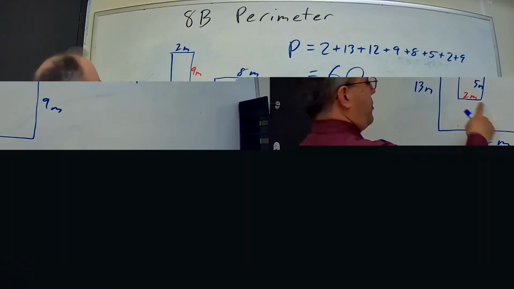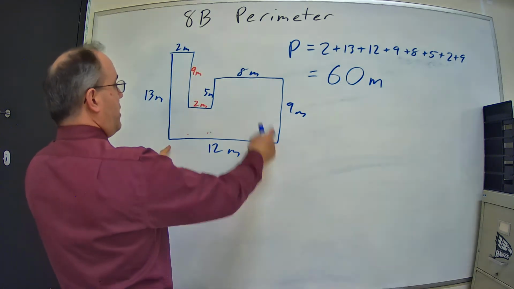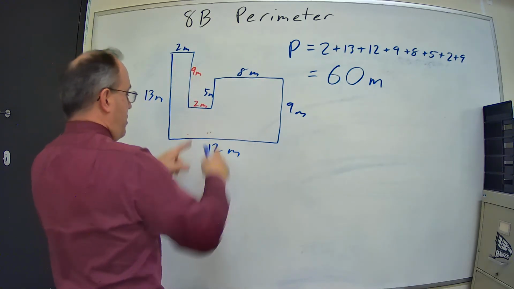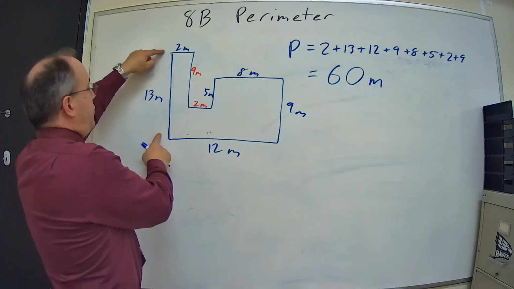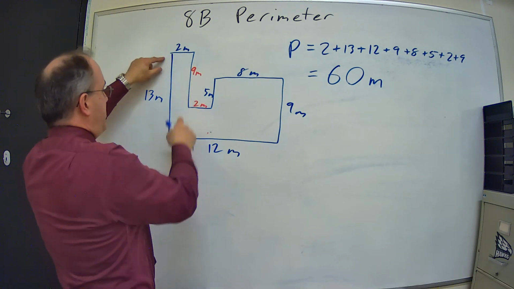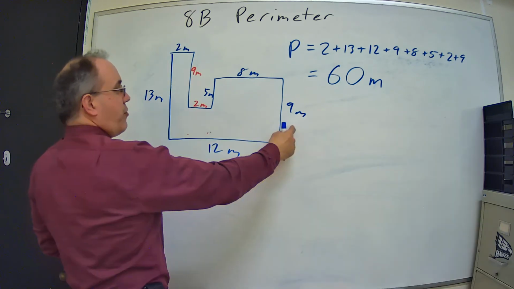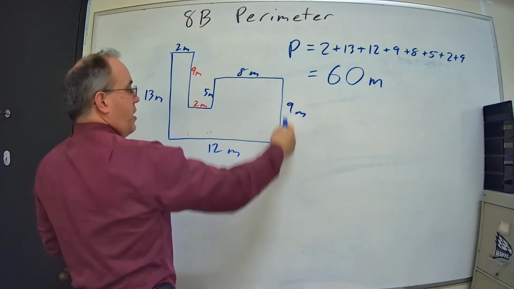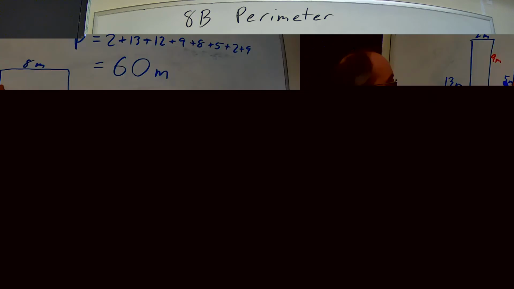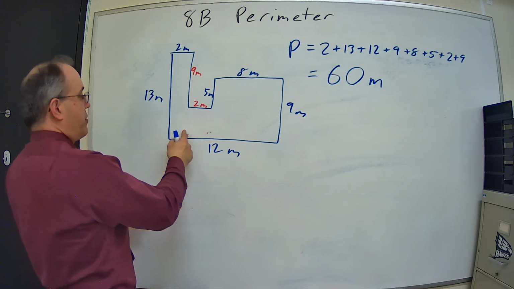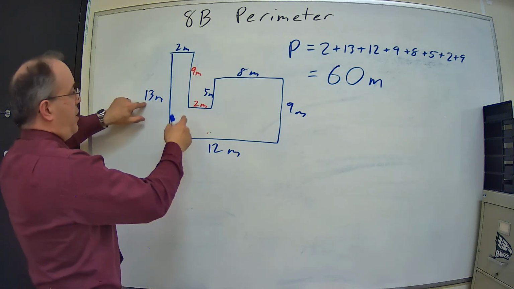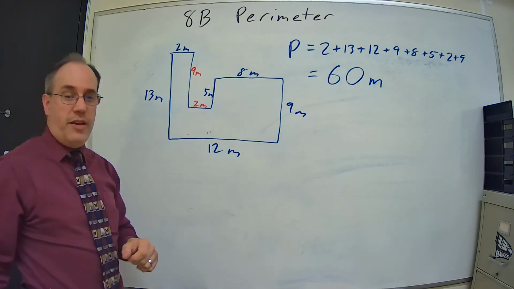This one was easy because we just knew the total was 12, and we subtracted the 8 and the 2, which took us down to 2 meters. This one was a little more difficult. We knew this full distance, but we didn't know either this or this, so we had to come over here, and we knew this was 9, so subtracting the 5 gave us the rest, which was 4 meters. Therefore this minus the 4 meters gave us our other 9 meters.